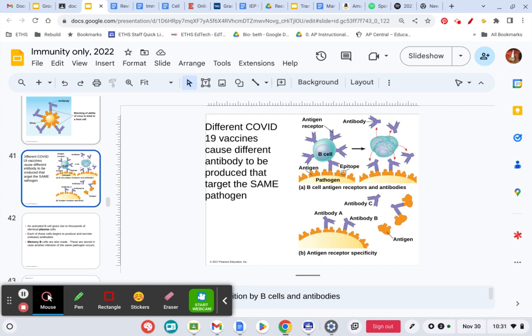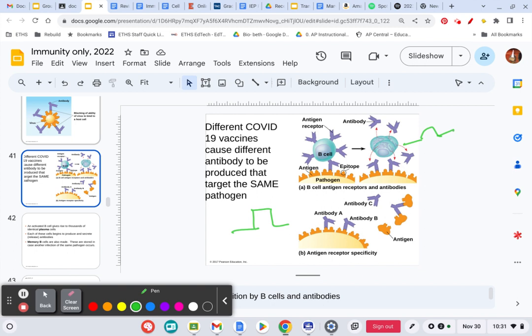So they're taking a little bit of that code, actually, that will then produce a different type of antigen of the virus. So some of the vaccines might give you an antigen that's shaped like that, and somebody else might give you that might be Moderna, and maybe Pfizer gives you that.